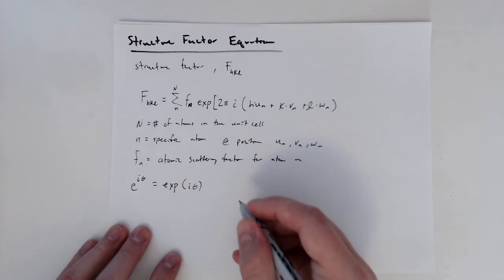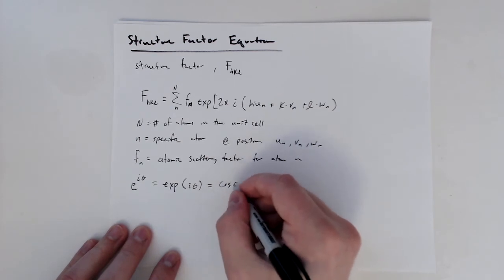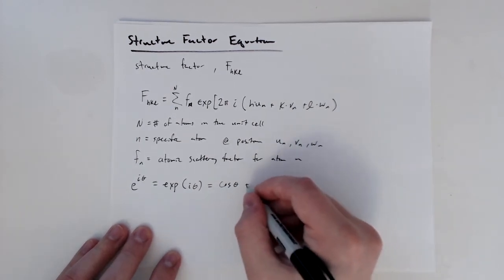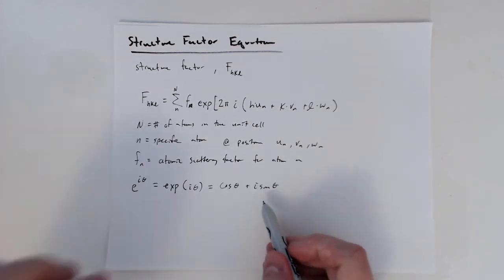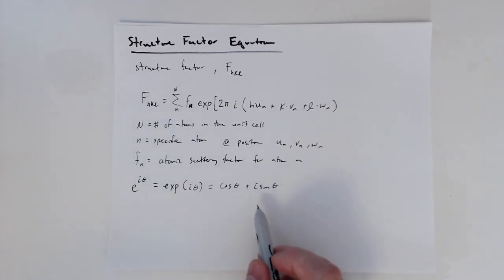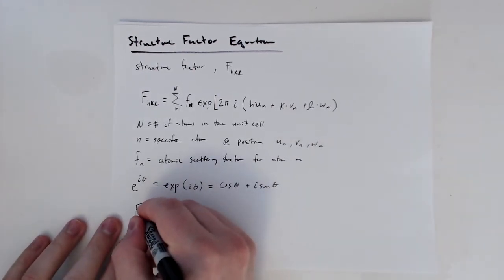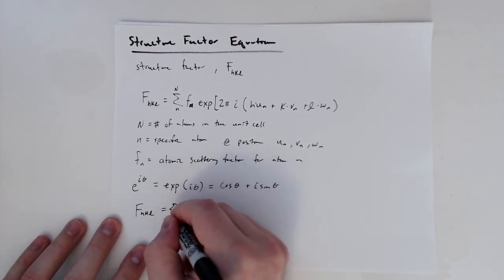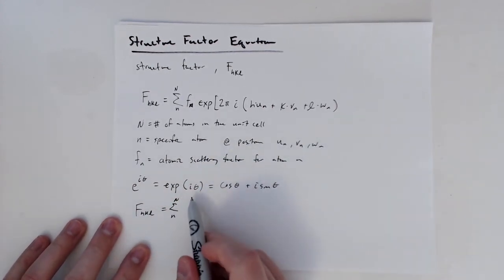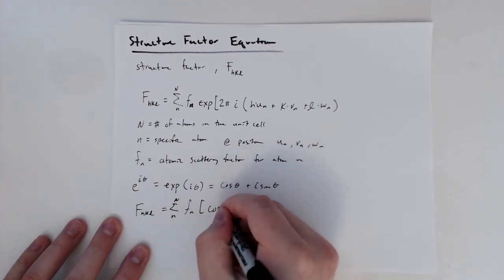We can also write this term as cosine of theta plus i sine theta. It makes it longer, but there are some reasons for using this format. So if I plug that definition of this term in, this would give me the following expression.